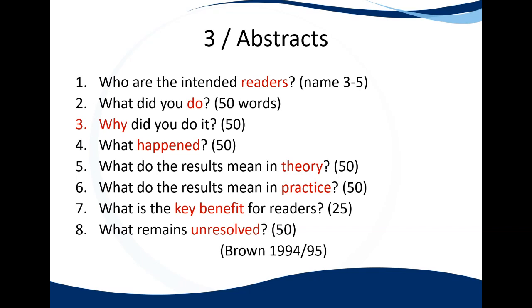So who is the audience? When you know who you are writing for, that will also assist you in how to approach your writing, because you have a particular reader in mind, right? And then the rest is what I've already discussed. It just gives you an idea of how many words you can dedicate to each part. All right.